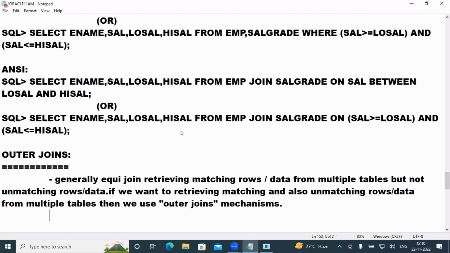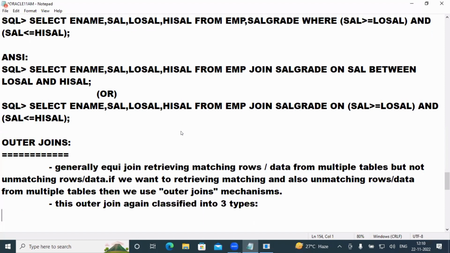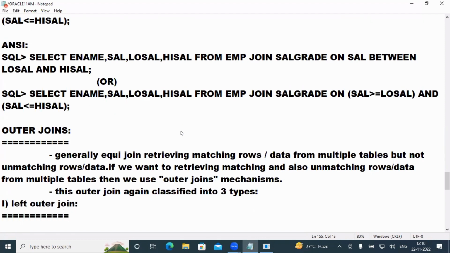This outer join is again classified into 3 types. First one, left outer join. So left outer join, what will it do, sir? Which kind of data will we get?